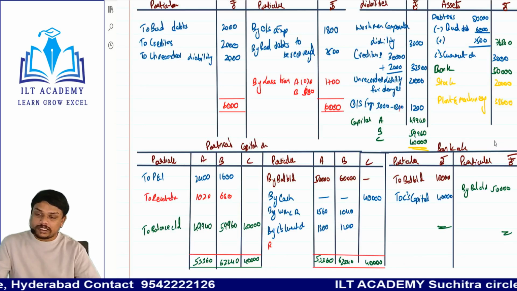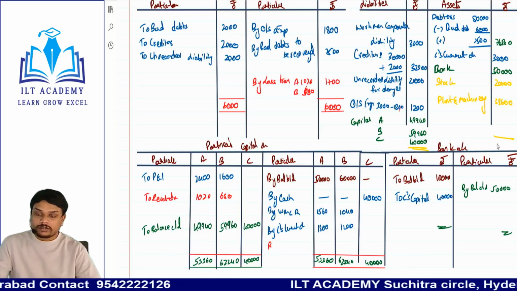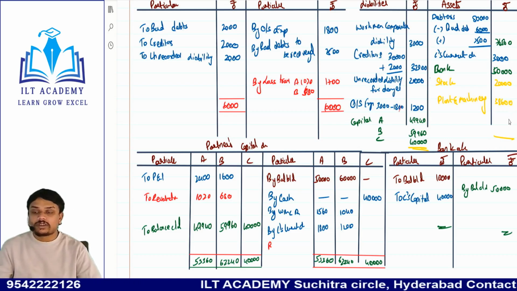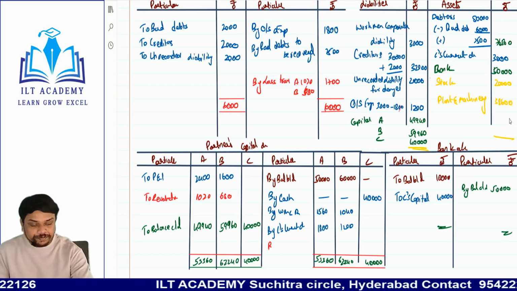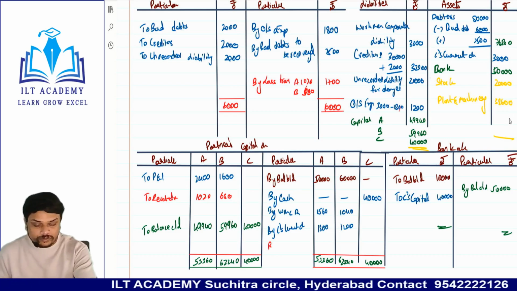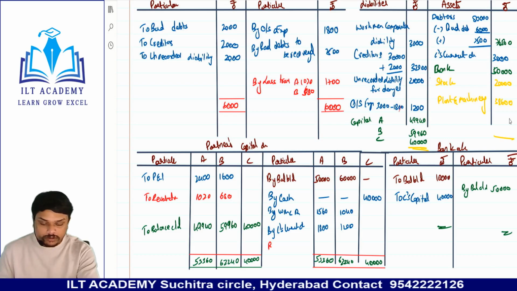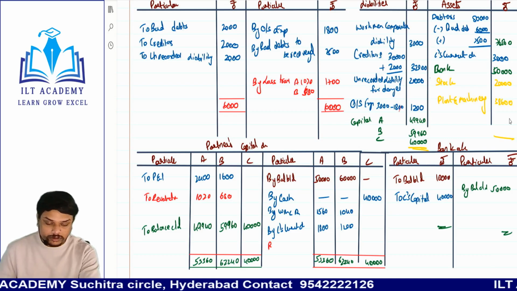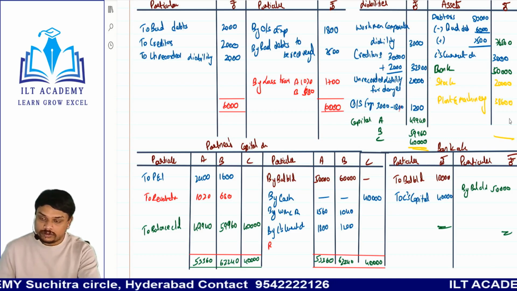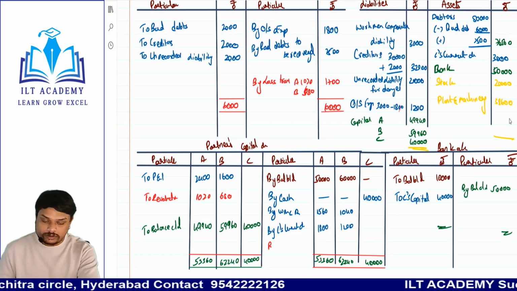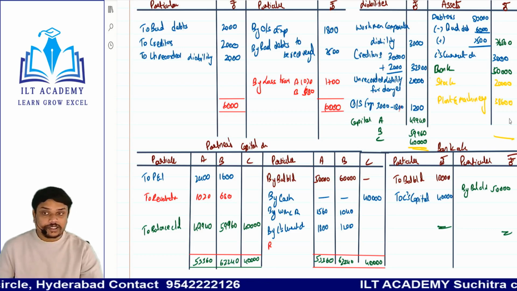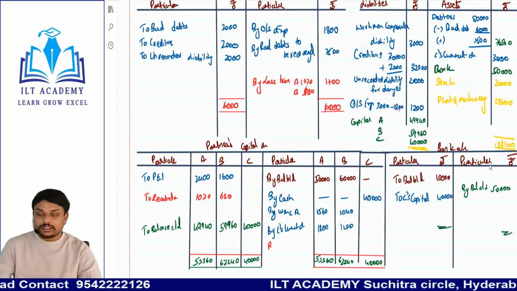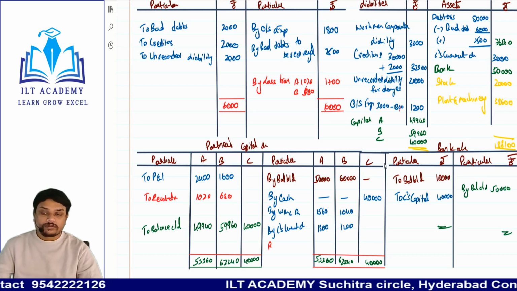This should be tallied with a figure of 26,500 plus 3,000 plus 50,000 plus 20,000 plus 38,600. And 88,100. This is the total.